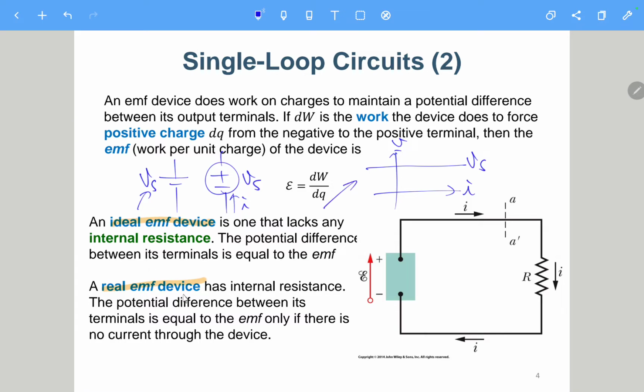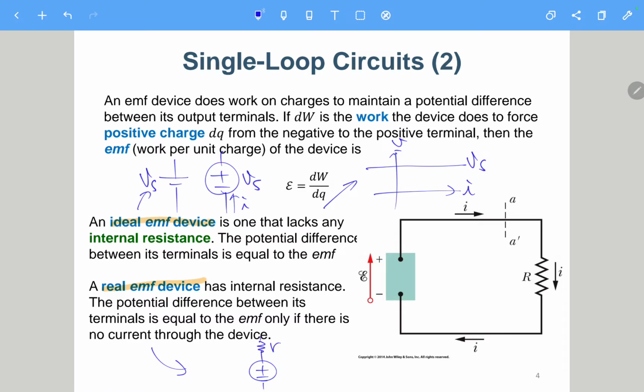A real EMF device has internal resistance, which is the practical case. The potential difference between its terminals is equal to the EMF only if there is no current through the device. So in a circuit, we can model it as an ideal battery in series with a small resistance.